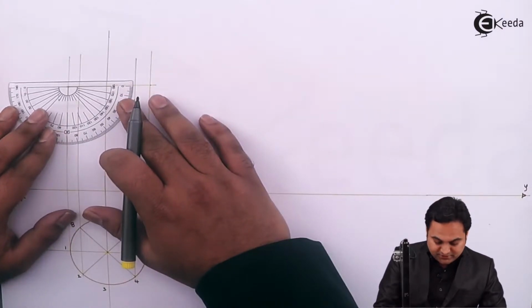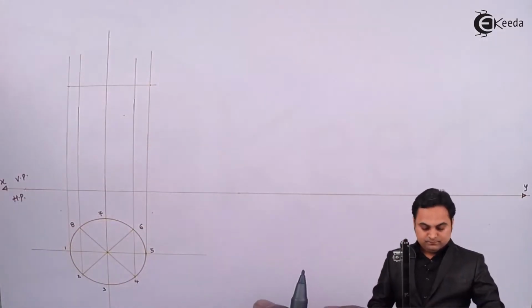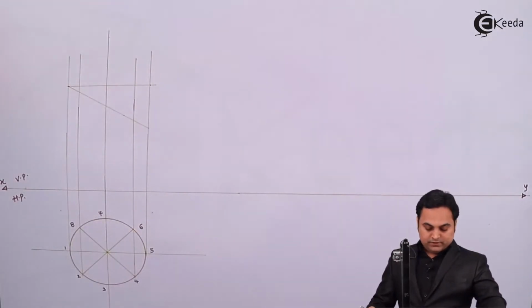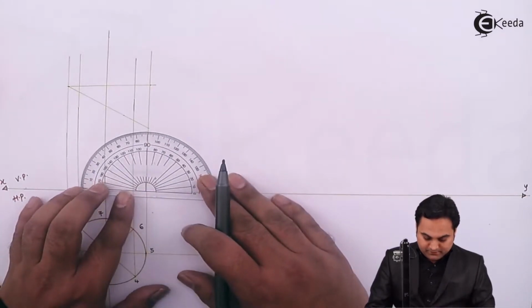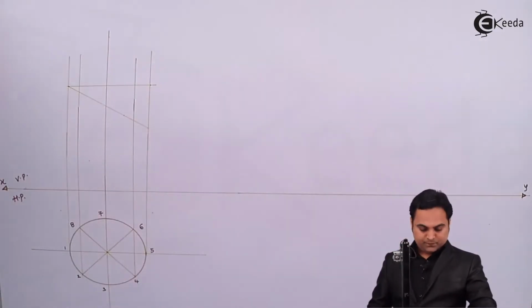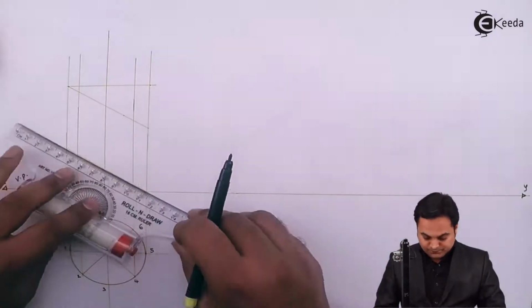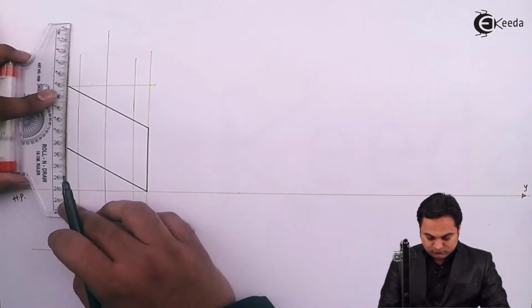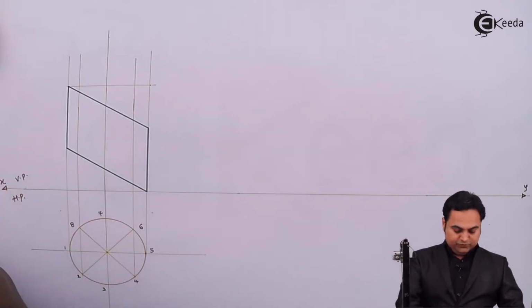I'll measure the angle as given. Then another angle is 30 degree. It is from this corner, that is the bottom corner. Then I'll make it dark. So this is the front view of the cylinder. Then I'll make the top view dark.